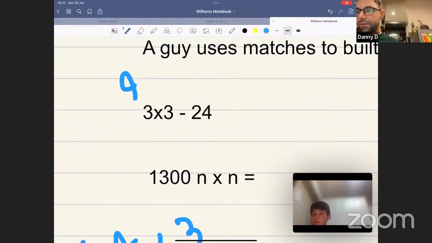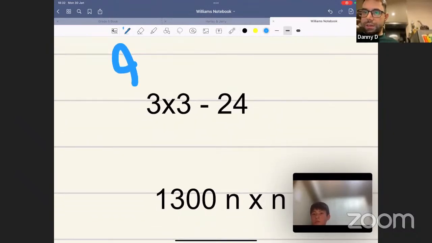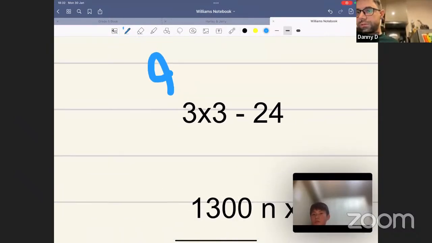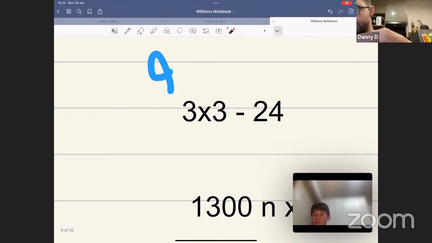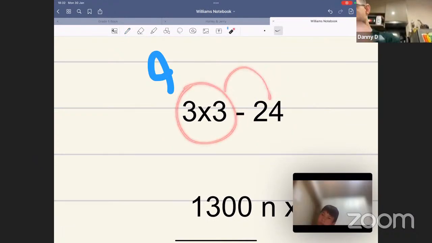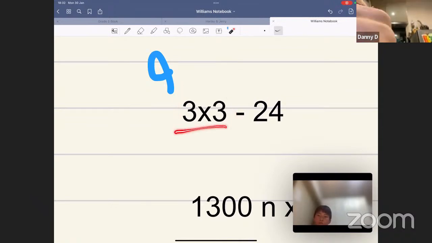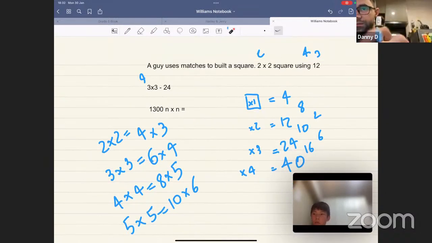So we know that this doesn't use square roots because the answers are not related. This should be 9, but instead it's 24. So we need a method of transforming this into 24. What's the method of transforming 3 times 3 into 24? There's a formula, right?